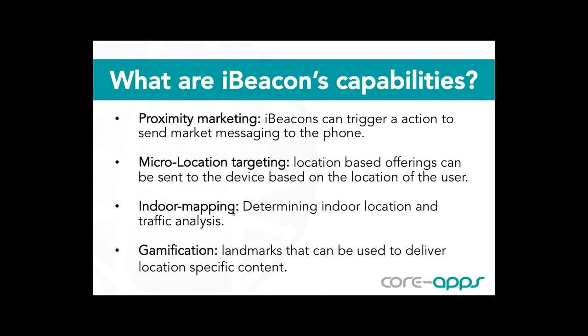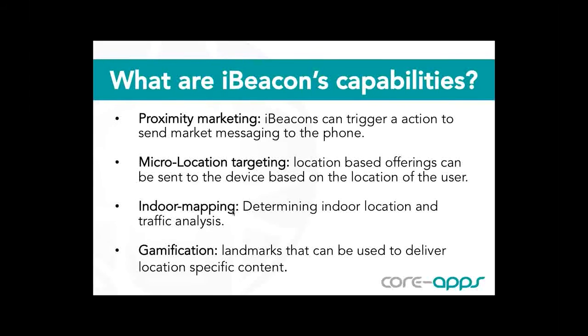Now, iBeacon has a bunch of different capabilities. I just pulled out the 4 top ones here. These are the most popular ones today. And realistically, when you look at proximity marketing and micro-location targeting, they seem very similar. But the way that we look at it is like this. Proximity marketing is where iBeacons trigger an action over a very wide range.